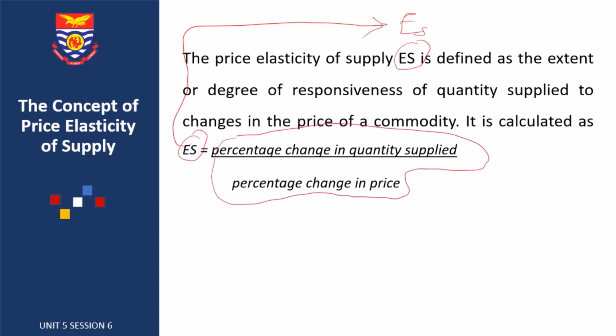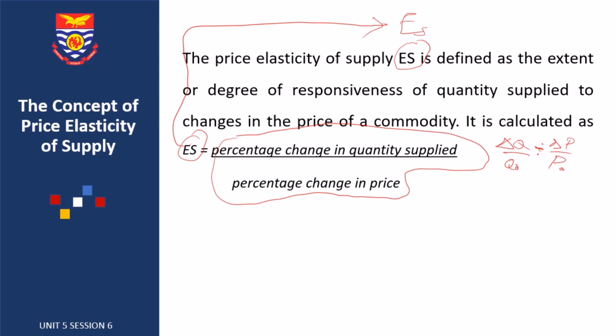Percentage change in quantity supplied. We will use change in Q over Q naught divided by change in P over P naught. We are interested in using the arc price elasticity of supply, so we are going to be using the averages.